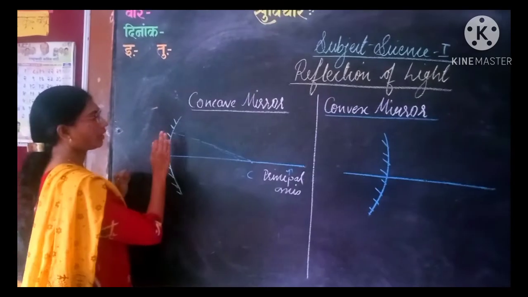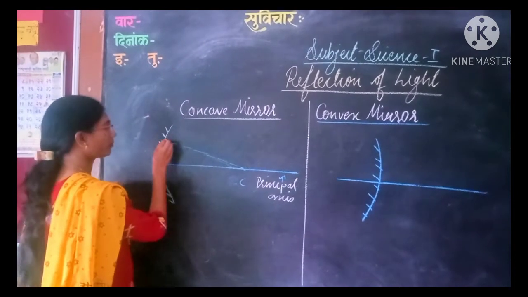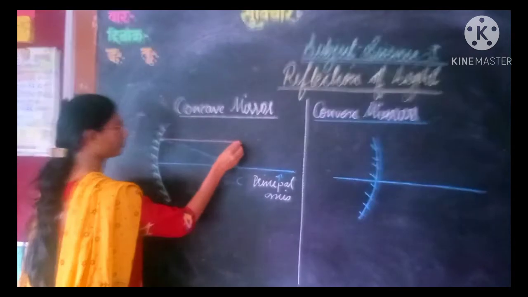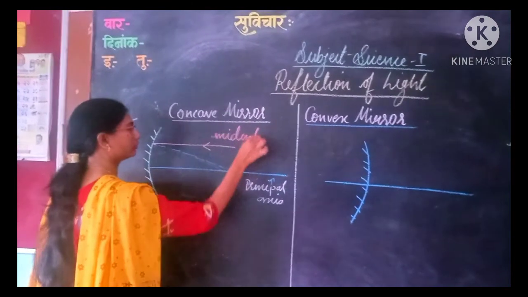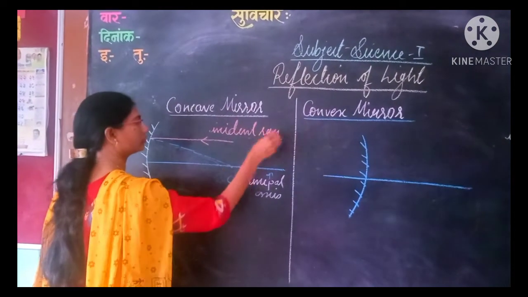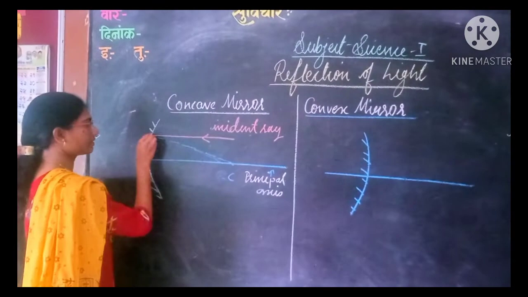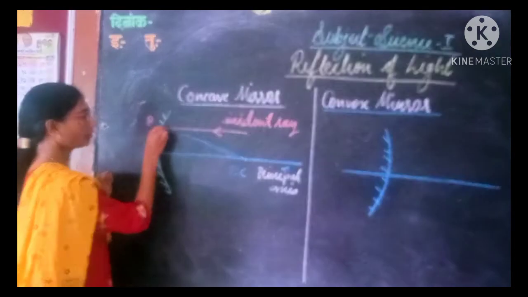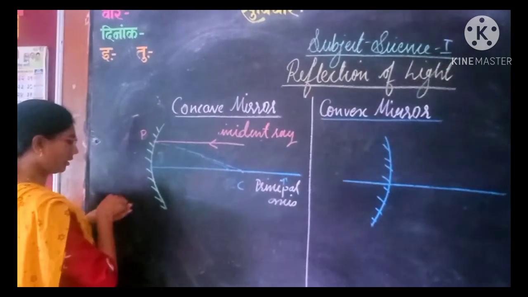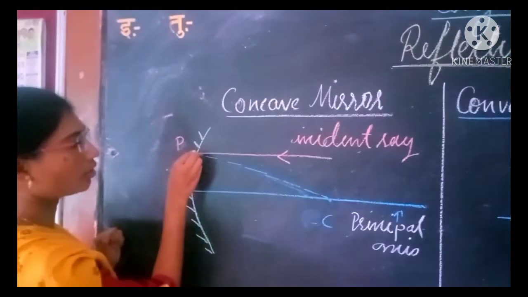Now let's see how the light gets reflected through the concave mirror. Suppose an incident ray which is parallel to the principal axis falls at the point P. Now from here, this ray gets reflected according to the law of reflection.